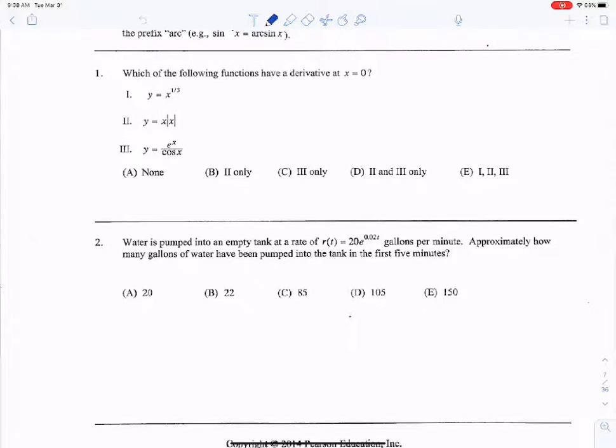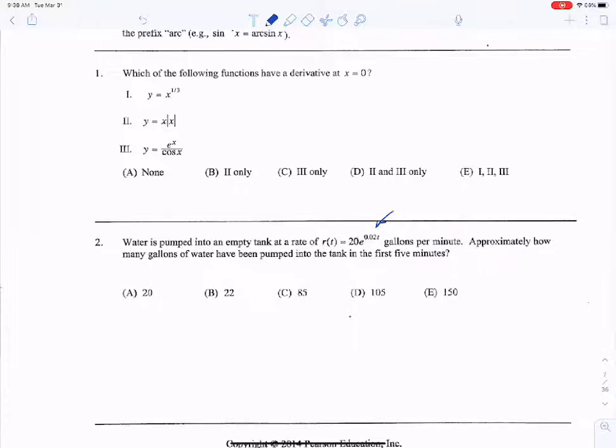Okay, so water is pumped into an empty tank at this rate. So notice this is a velocity function, in gallons per minute. Approximately how many gallons have been pumped in the first 5 minutes? So this is the displacement question, because they're not saying how many gallons there are in the tank at this time, in total. They're just asking how many gallons are pumped from time 0 to time 5.